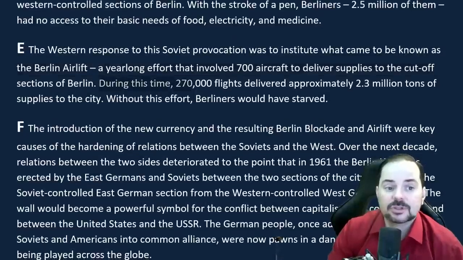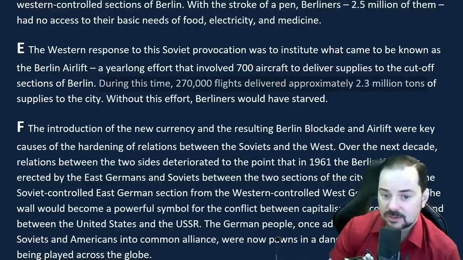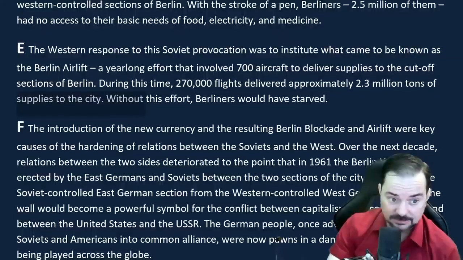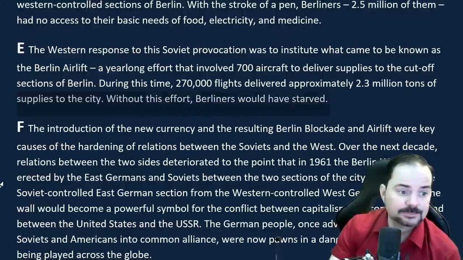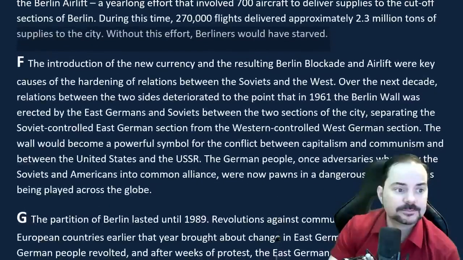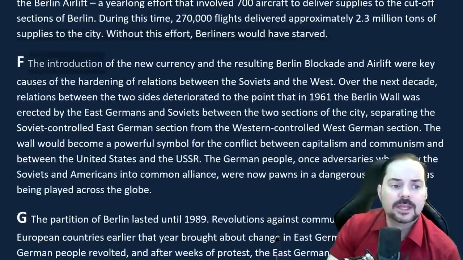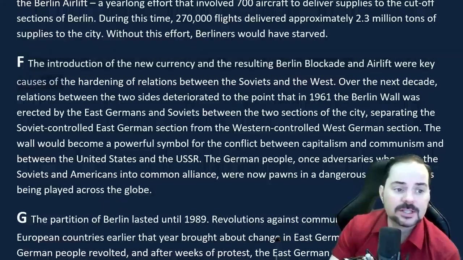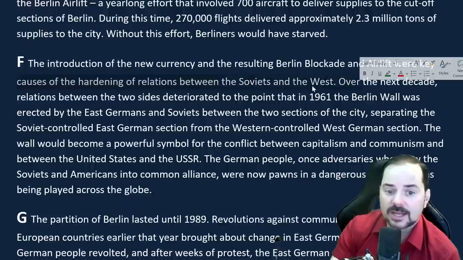During this time, 270,000 flights delivered approximately 2.3 million tons of supplies to the city. Without this effort, Berliners would have starved. The introduction of the new currency and the resulting Berlin blockade and airlift were key causes of the hardening of relations between the Soviets and the West.